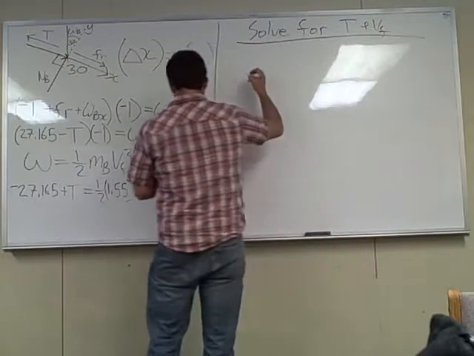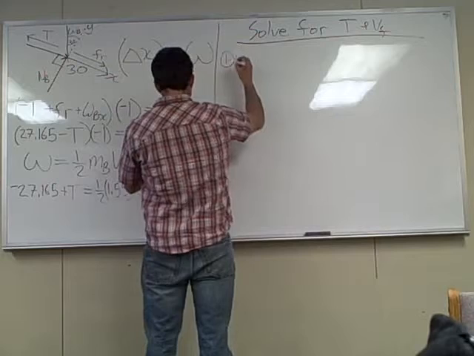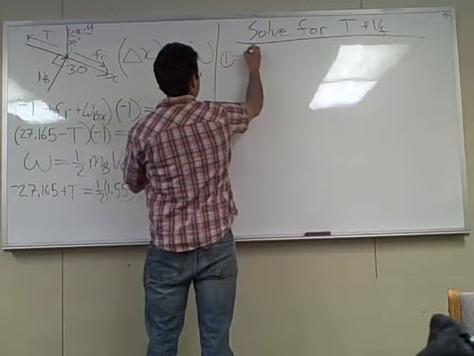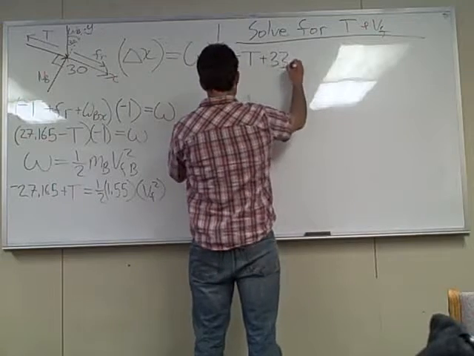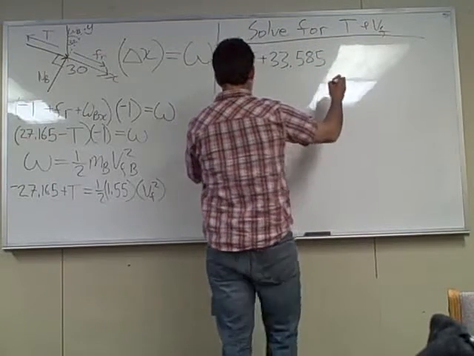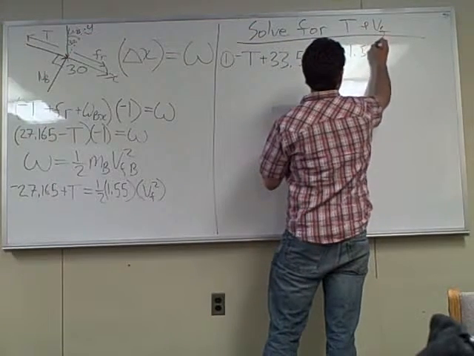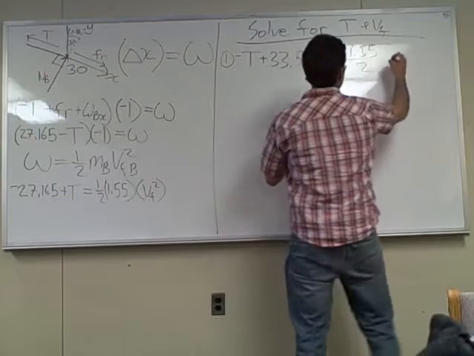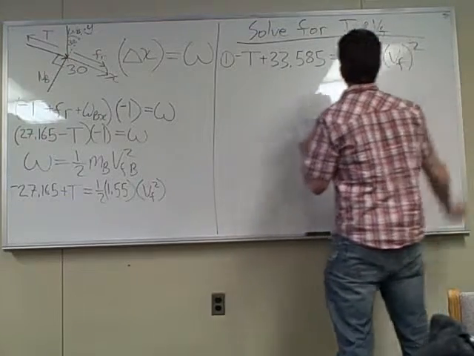So I have equation number 1, which is negative T plus 33.585 equals 1.55 over 2 times velocity squared.